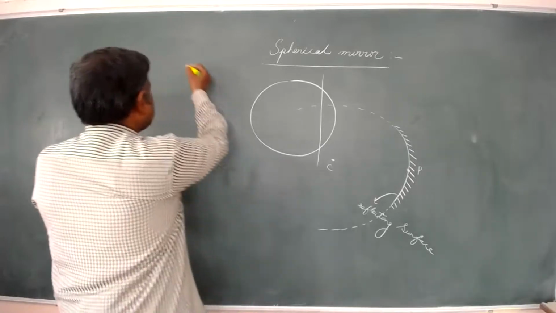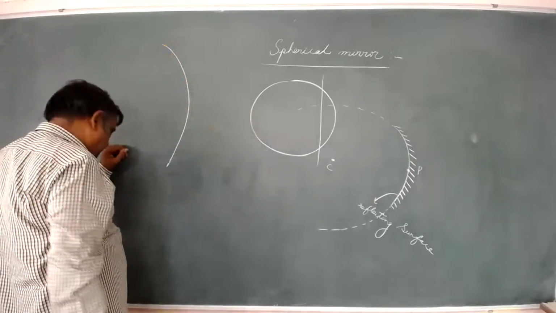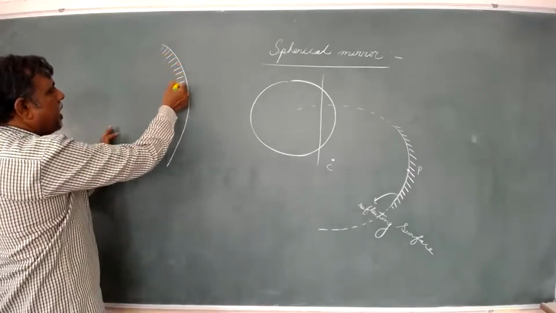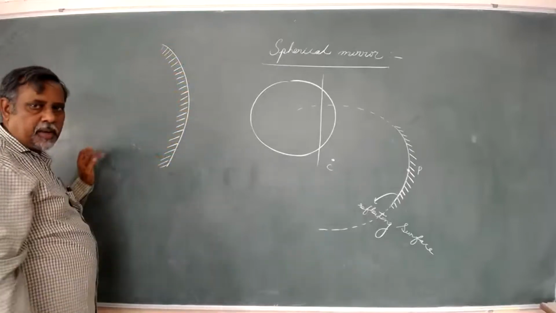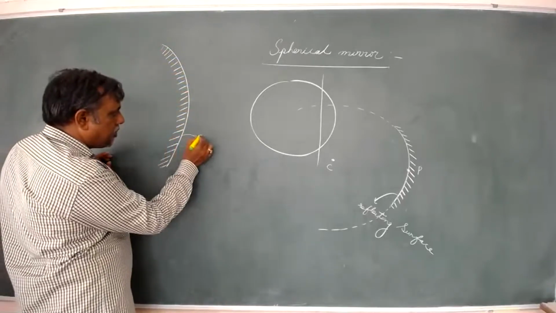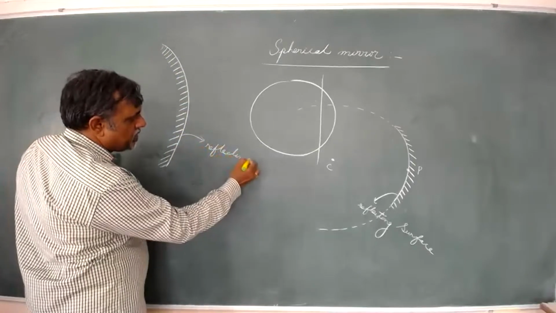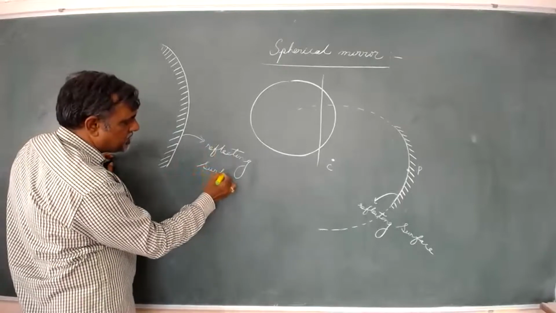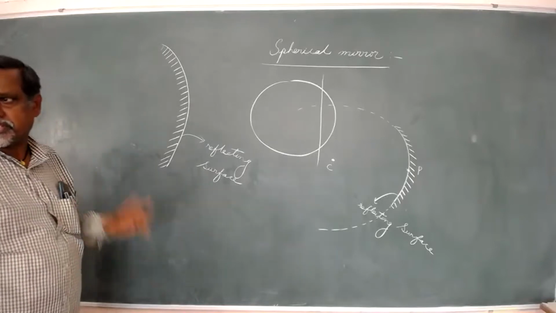So look at this here. This is the curvature I have taken. Now, on the interior part, I will be applying the silver coating. Then the exterior part becomes the reflecting surface.